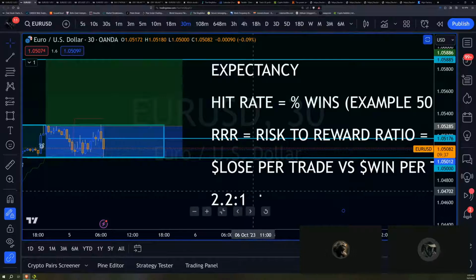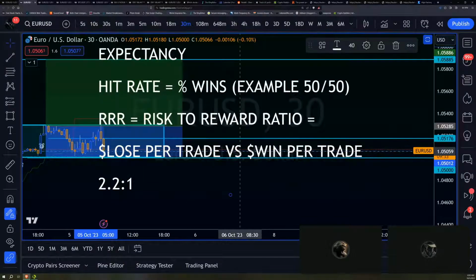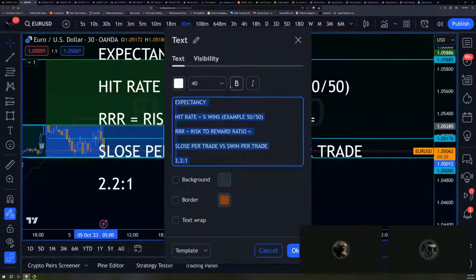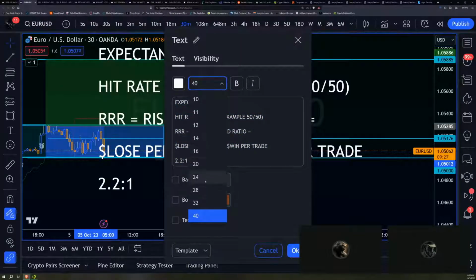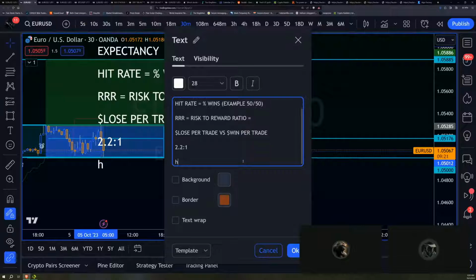Right? So at that point, what you can do is your expectancy is going to be, let's make this a little more manageable. Okay. Expectancy is going to be hit rate times risk to reward ratio.